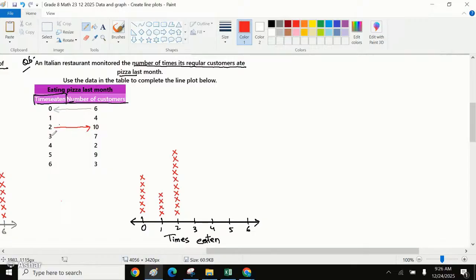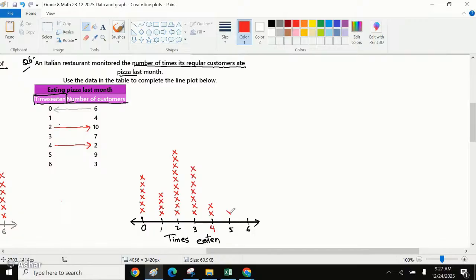7 people ate 3 times. 3 times was eaten by 7 customers: 1, 2, 3, 4, 5, 6, and 7. And the next one is 2 customers ordered 4 times: 1 and 2. 9 customers ordered 5 times.